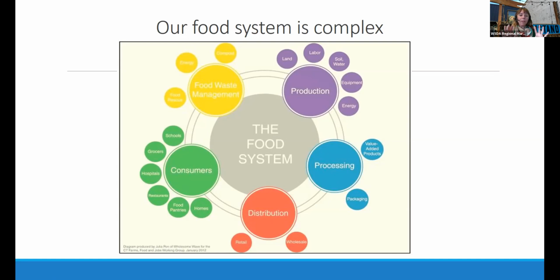But the takeaway from this image is that the food system is complex. It crosses all different types of resources, from natural and environmental resources to human resources, knowledge, physical infrastructure. There's a waste component, there's energy involved. It's complex.